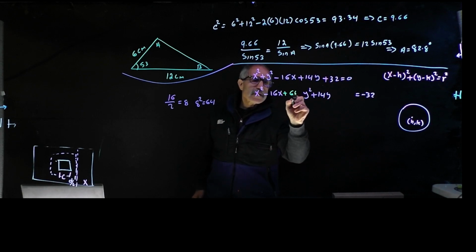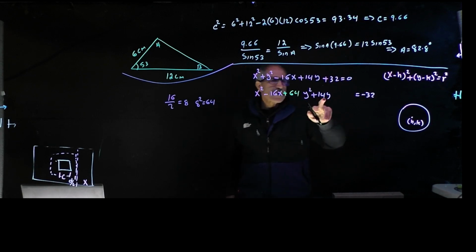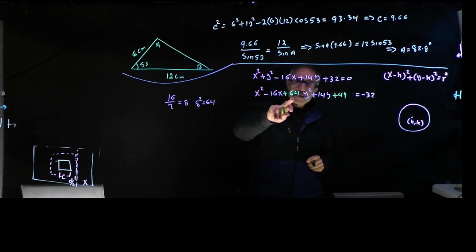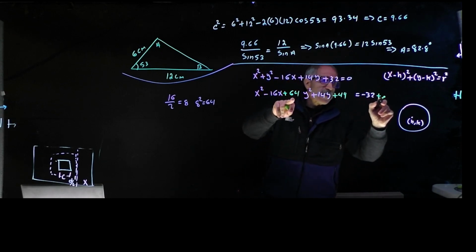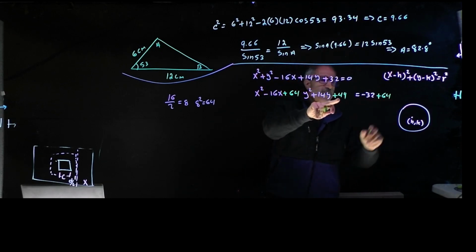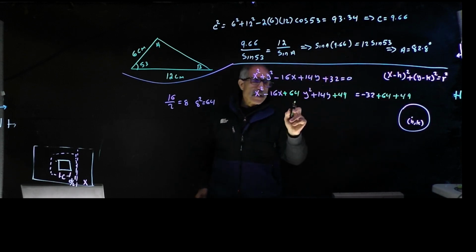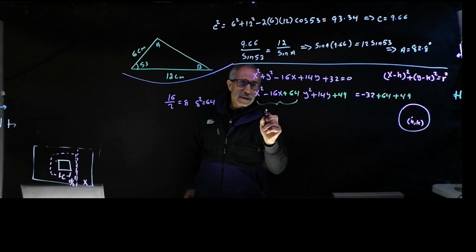Plus 64. I'm going to take the coefficient of y, which is 14. Divide that by 2 is 7. 7 squared is 49, plus 49. Now you have to be fair. You add 64, you got to add 64 here. You add 49, you got to add 49 here. Okay, let's do this again.